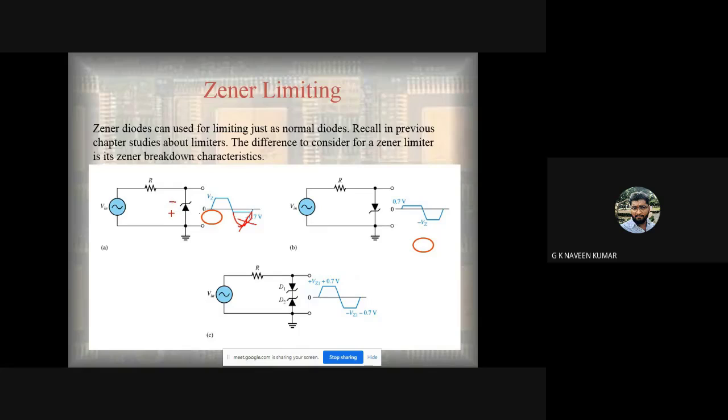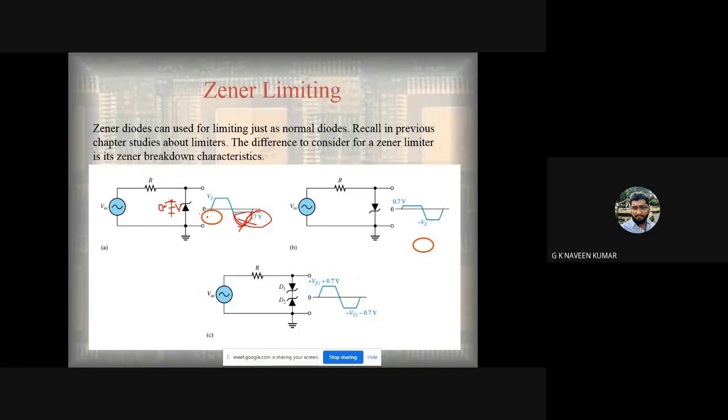Because the cathode is at the top and the anode is at the bottom, and you will have a forward voltage drop of 0.7 volt. For the entire cycle it is forward bias, right? In forward bias there is no breakdown like that, so it will have a constant voltage of minus 0.7.